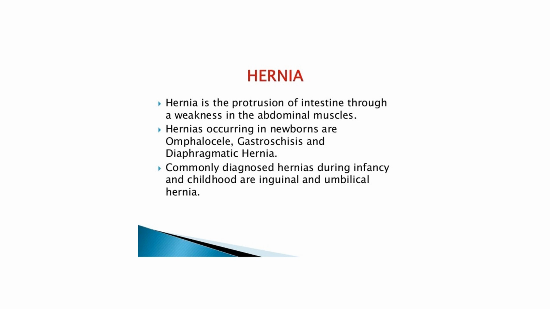In newborns there are many kinds of hernia, and the most common types we are going to study today are omphalocele, gastroschisis, and diaphragmatic hernia. During infancy and childhood, inguinal and umbilical hernia are the most common types seen in children.